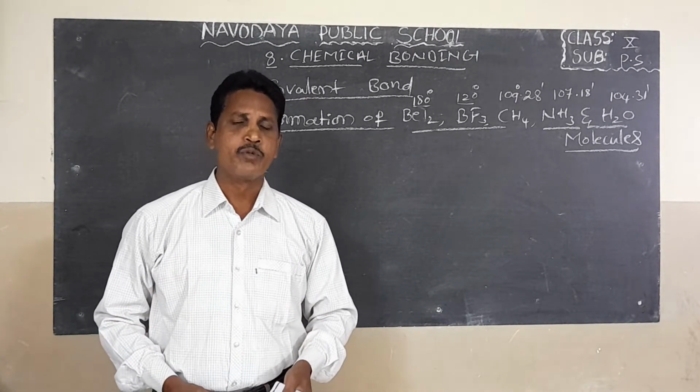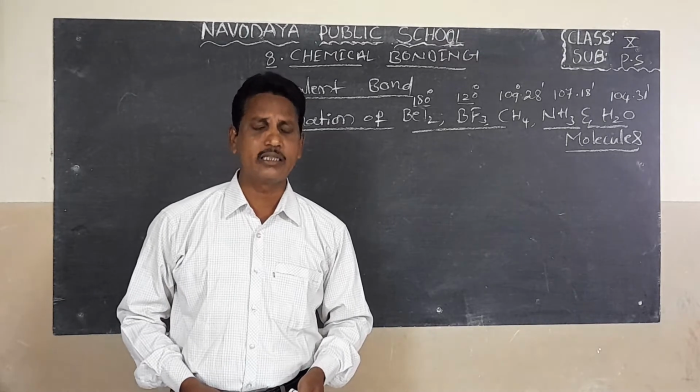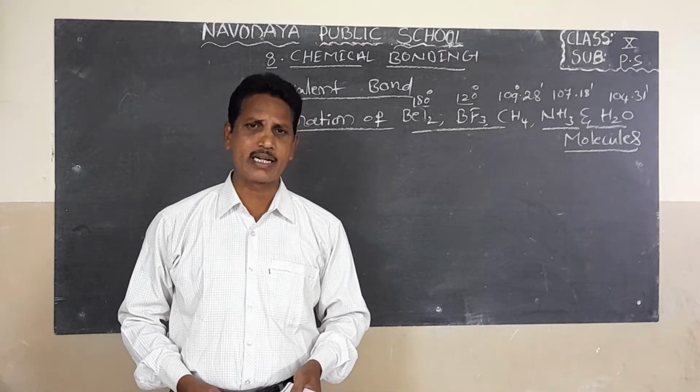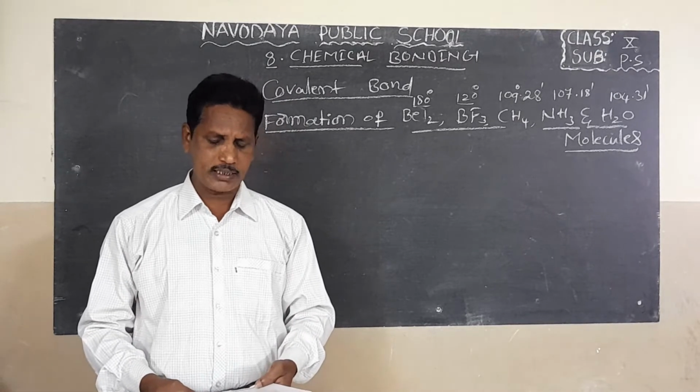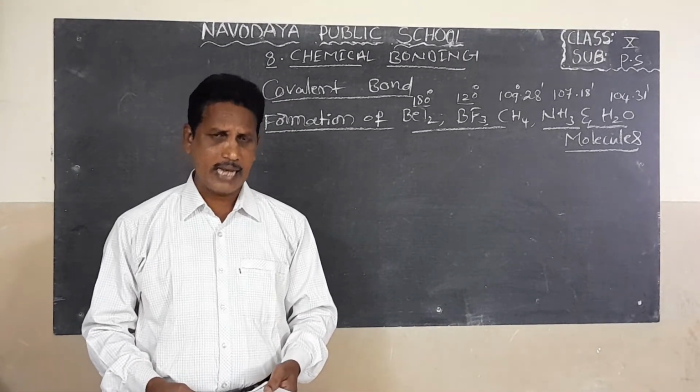It is called the valence shell electron pair repulsion theory, which we discussed in the last class.